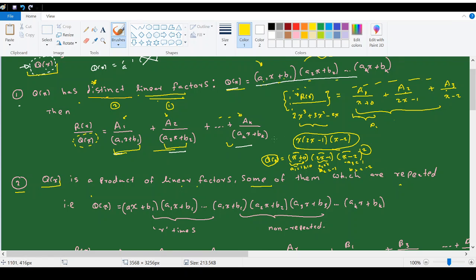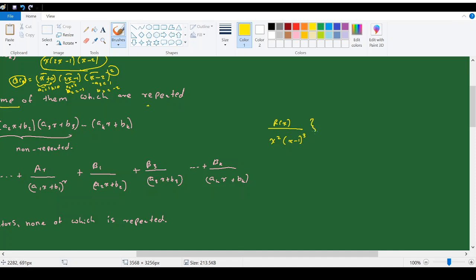Remember, in the previous one I said all these linear factors have to be distinct, okay? But in the second category, we have some repeated roots, okay? Say for example, if we have something like this, and this is our Q(x), okay?